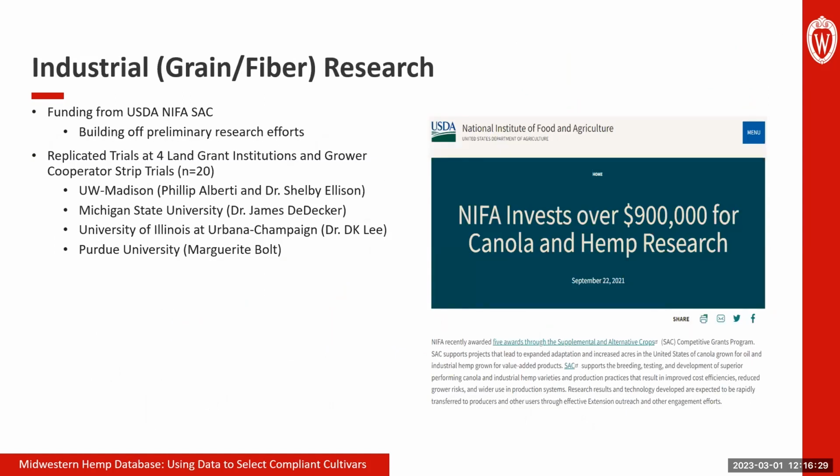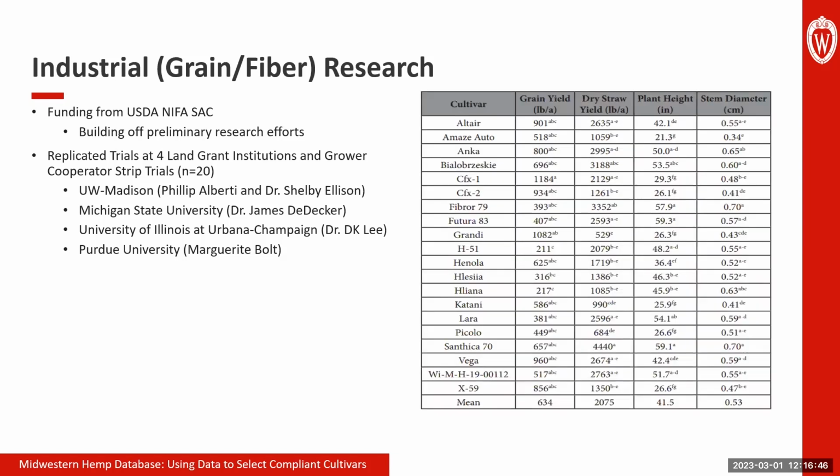So now that we know a little bit more about these production systems, we're going to talk about the research that we've been building off of the last few years. We recently were awarded the USDA NIFA SAC grant for canola and hemp to focus on hemp production. This is building off general preliminary work that we did that was not grant funded over the last few years.